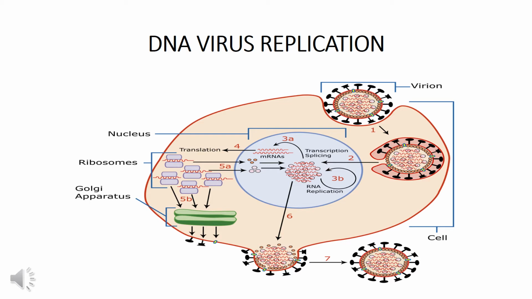You have also already studied that after entry, penetration and uncoating, the viral DNA enters the nucleus of the cell. When DNA replicates inside the nucleus of the cell, then after replication, messenger RNA forms within the nucleolus of the cell.